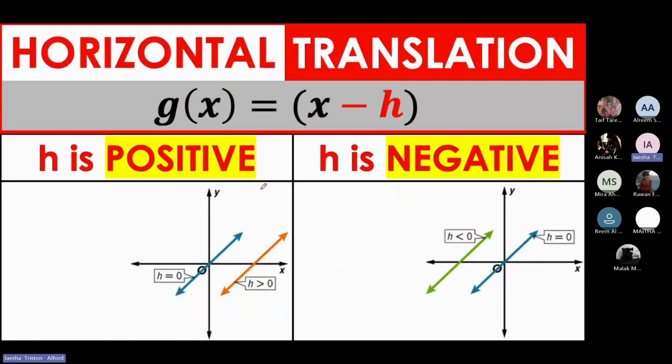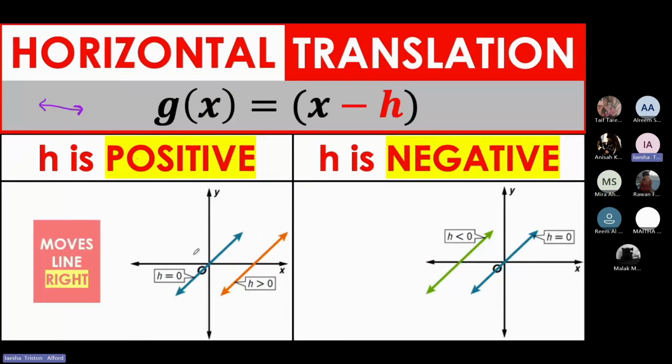Then we have horizontal. How does horizontal go? Right, left. Okay, so it goes left and it goes right. For horizontal, we have H. H is in the group with the X. If H is positive, which way do you move?